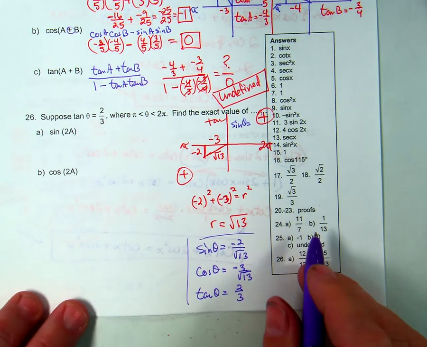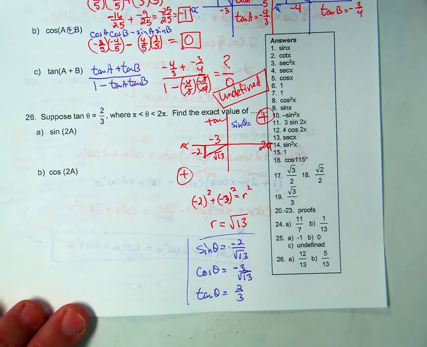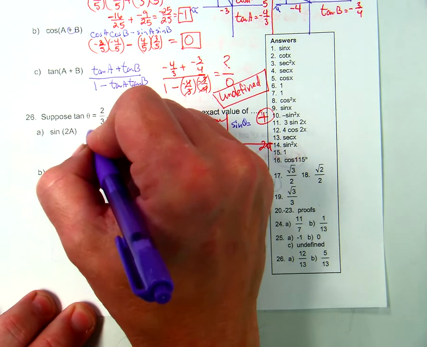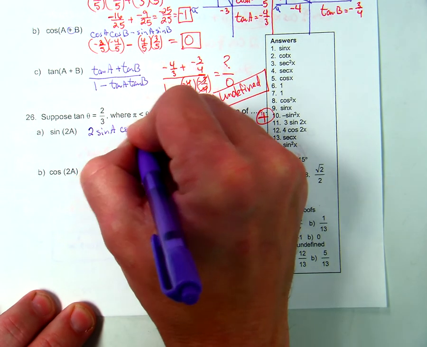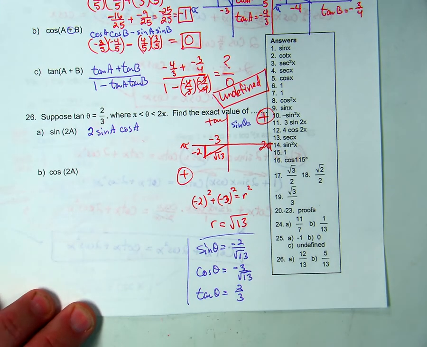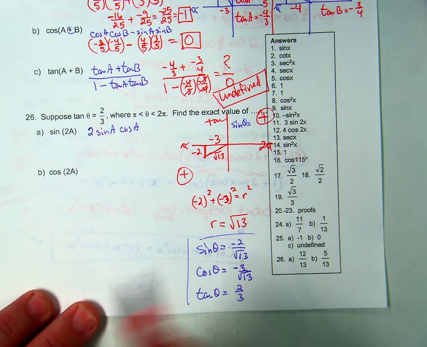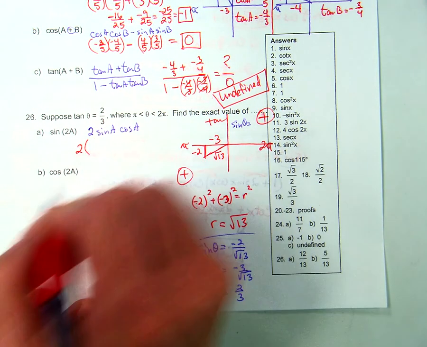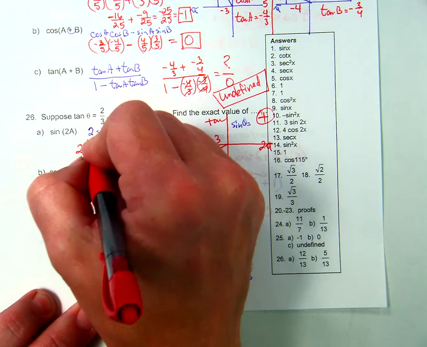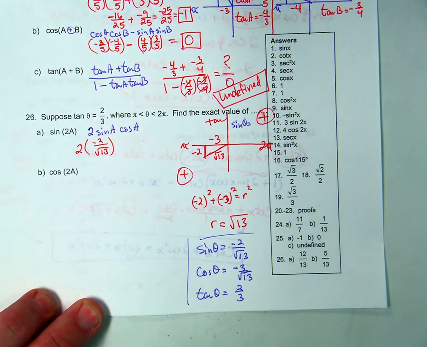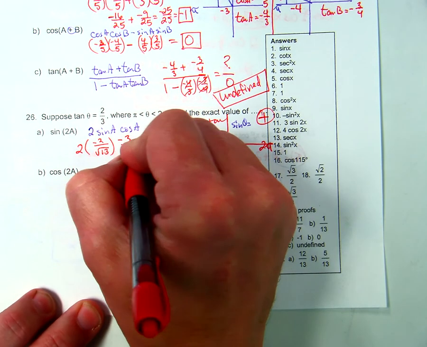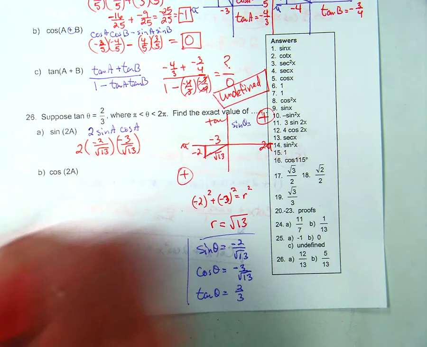Okay, so we have that information, and now we can write in our little forms here for sine of 2a. Our double angle identity tells us that sine of 2a is really 2 sine of a cosine of a. So if we plug in our values, we're going to have 2 times negative 2 over the square root of 13 times negative 3 over the square root of 13.